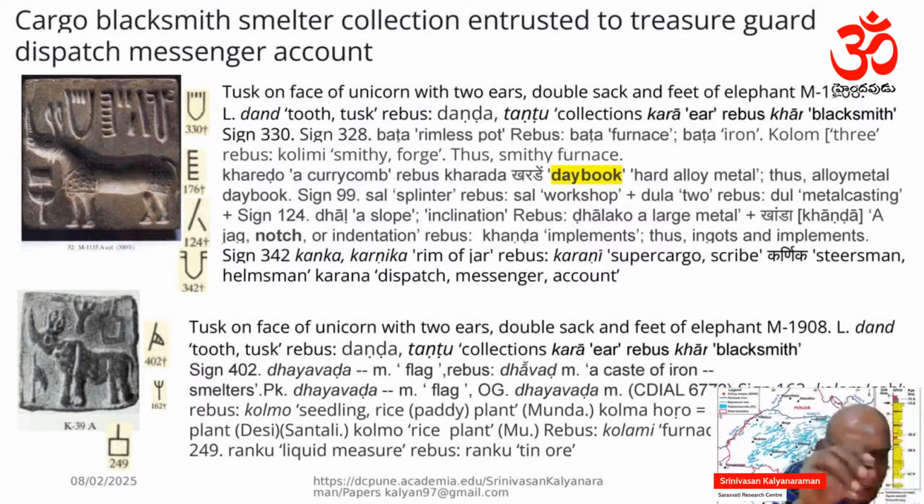So the engraver is trying to combine the pictures of a unicorn and a picture of a rhinoceros. So the features that we normally use for the unicorn are thought to be superimposed on the rhinoceros body. Kantala. So he wants to indicate that the maritime trade is taking place. Kantala is maritime, Kantala is boat, Kantala is double sack on the shoulder of the animal.